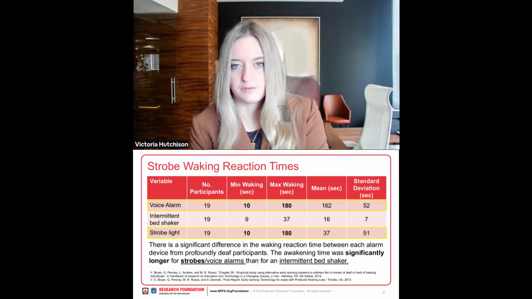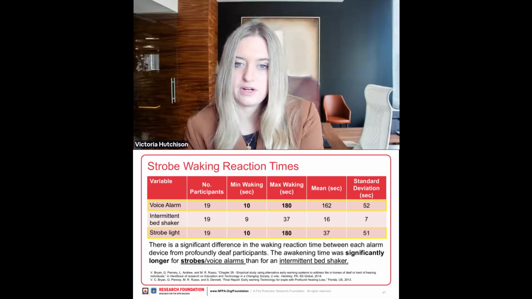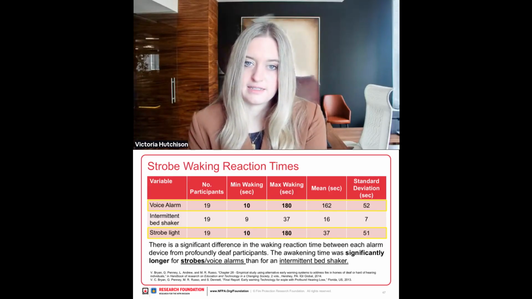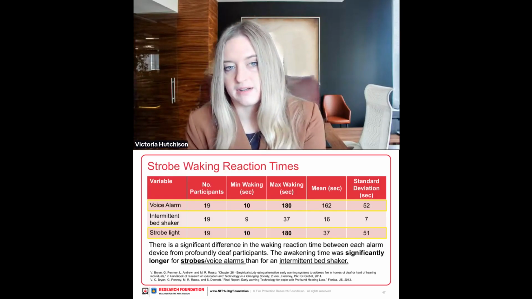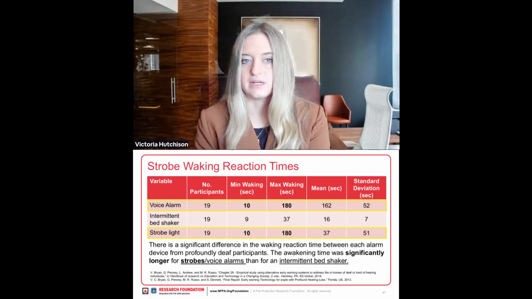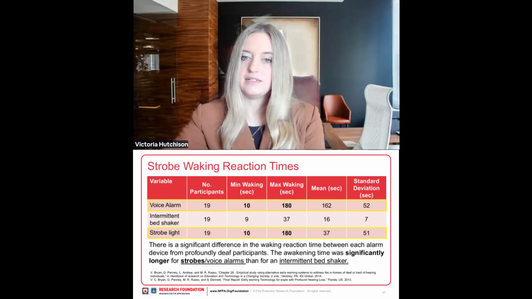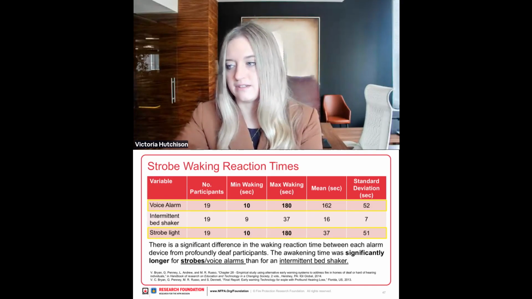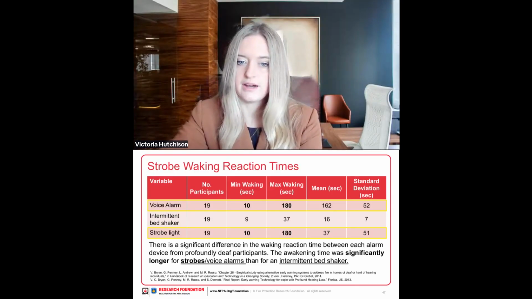The maximum waking time was around 180 seconds, where the maximum time for the bed shaker results was around 37 seconds. So that's a pretty significant difference, and is definitely a factor that needs to be accounted for in the overall analysis.